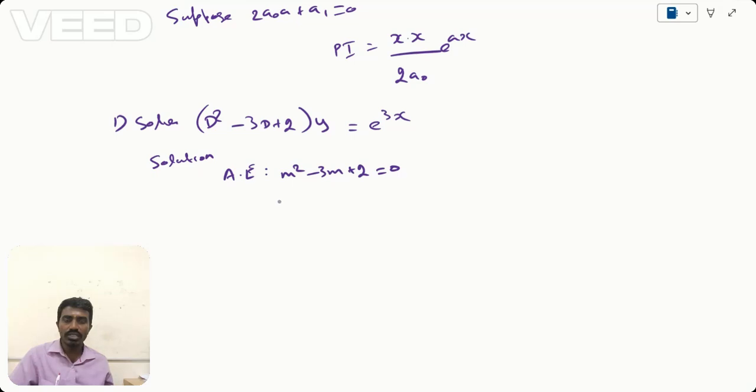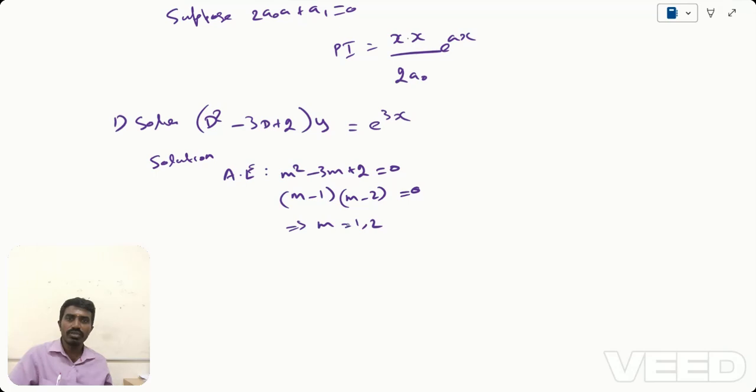Now solve this equation by using the quadratic formula, calculator or factorization. Any method you can use. Then what you may get? m minus 1 into m minus 2 equal to 0. That means m equal to 1, 2.